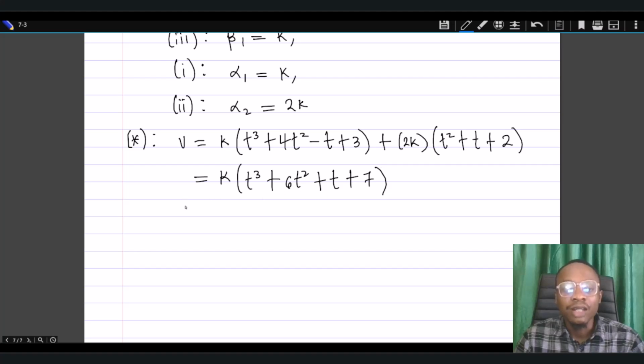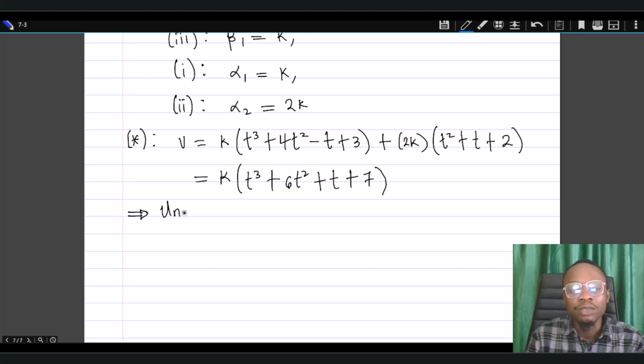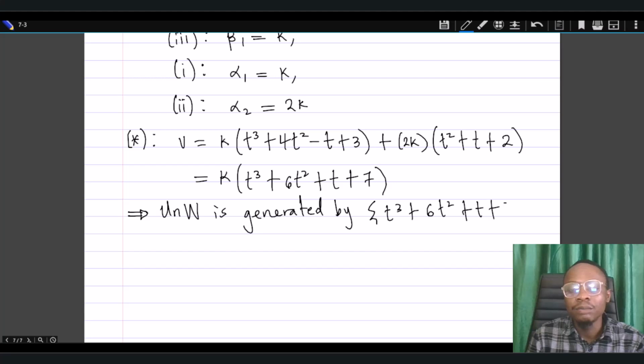So this tells us that an arbitrary element V in the subspace U intersection W is given by t cubed plus 6t squared plus t plus 7 multiplying some arbitrary constant. So this is a vector which generates for us our subspace U intersection W. So we now say that this implies that the subspace U intersection W is generated by the vector t cubed plus 6t squared plus t plus 7.